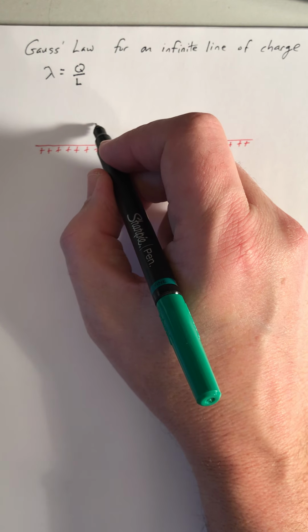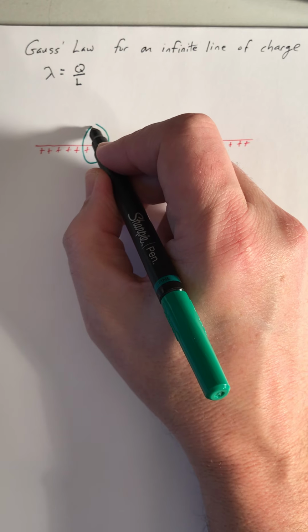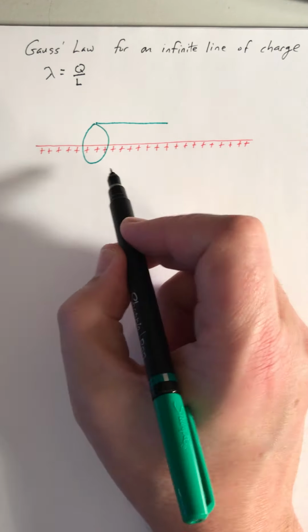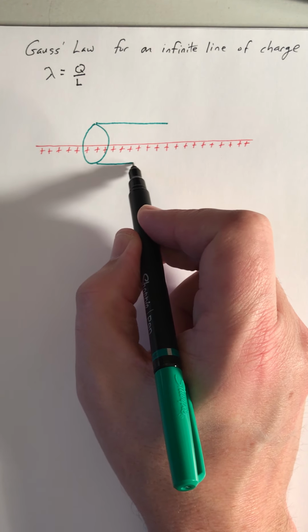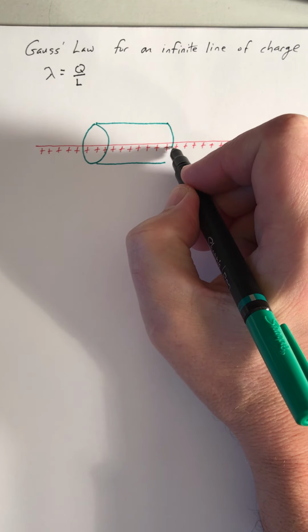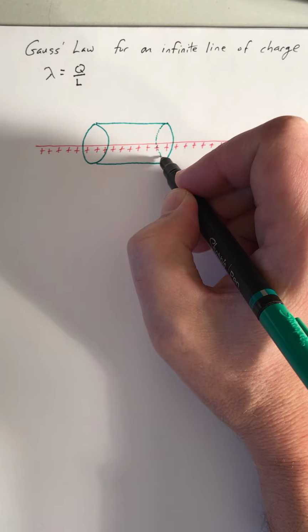And so I'm going to pick this to be a cylinder. And the axis of the cylinder is coincident with the line charge. So there's the other cap on the back side.